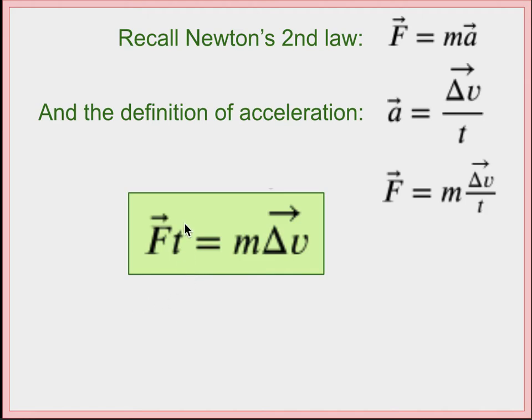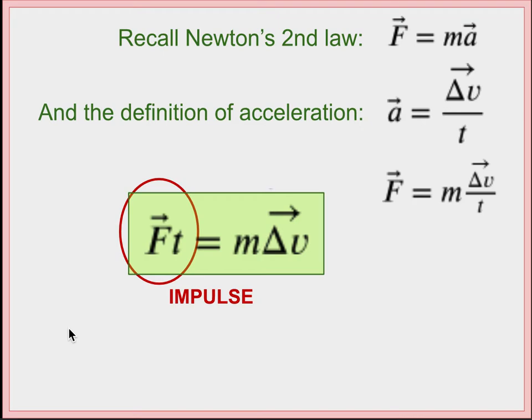But over on the left, we have this new quantity, force times time, which you might remember. I just said how in a collision, each object feels the same force for the same interval of time. This is called the impulse. The impulse is related to the amount of force acting on an object, but it says a little bit more.